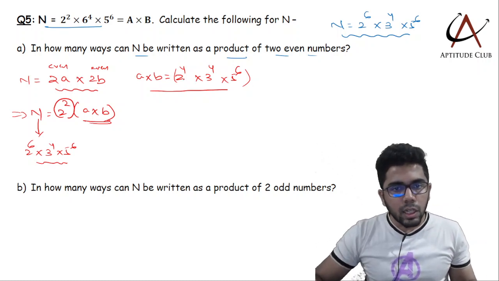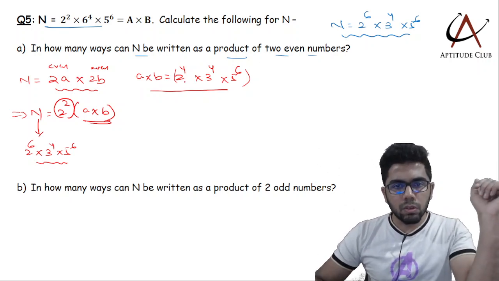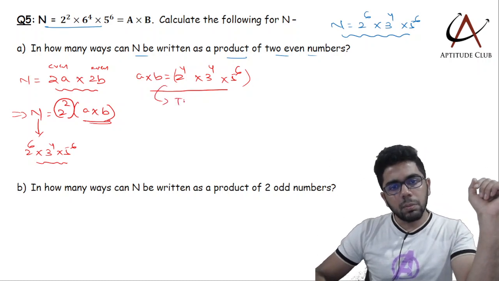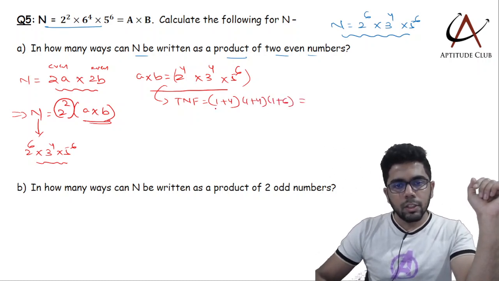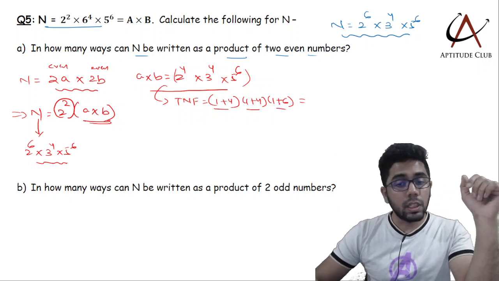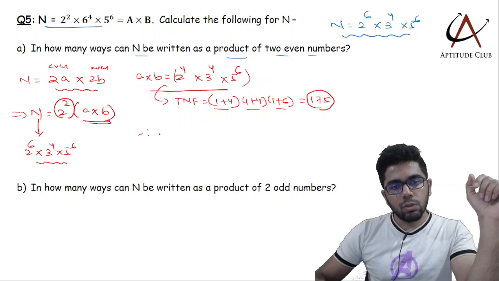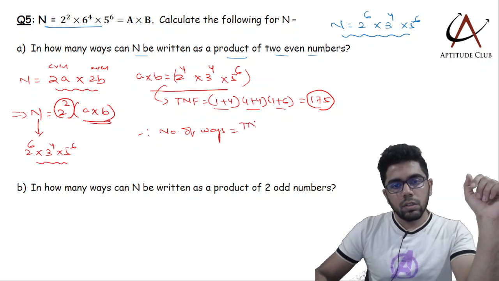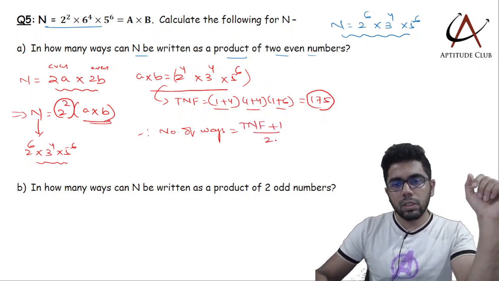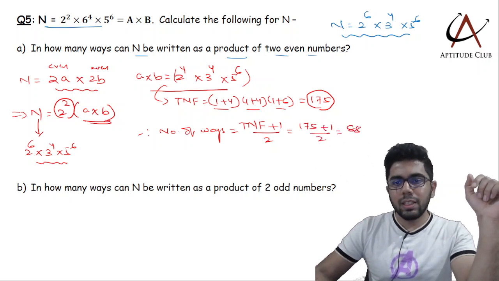तो व्हेन इन हाउ मेनी वेज कैन यू राइट इट एज प्रोडक्ट ऑफ टू इवन नंबर्स? अगर दो अलग अलग नंबर्स लिखने हैं प्रोडक्ट ऑफ टू इवन नंबर्स, तो यहाँ पे बेसिकली इसका पहले टोटल नंबर ऑफ फैक्टर्स निकाल लो. It is 1 plus 4 into 1 plus 4 into 1 plus 6. तो 5 into 5 into 7, तो 175 आ रहा है. एंड टोटल नंबर ऑफ वेज, number of ways is total number of factors plus 1 by 2, or 175 plus 1 by 2, you get 88.